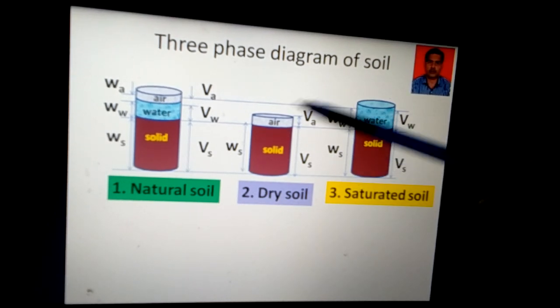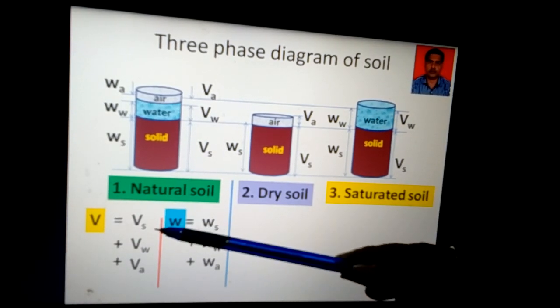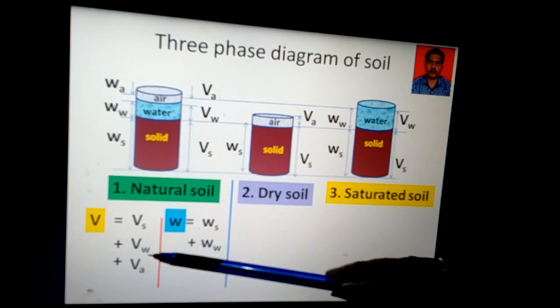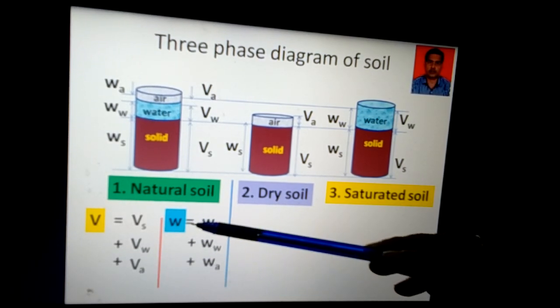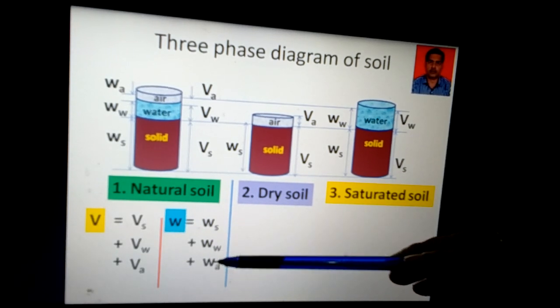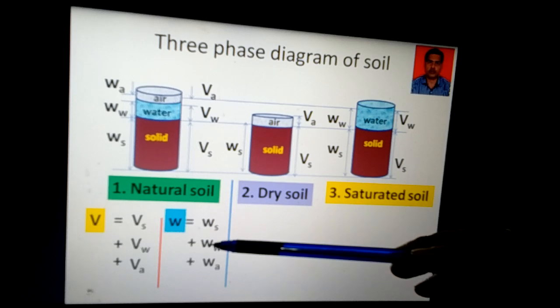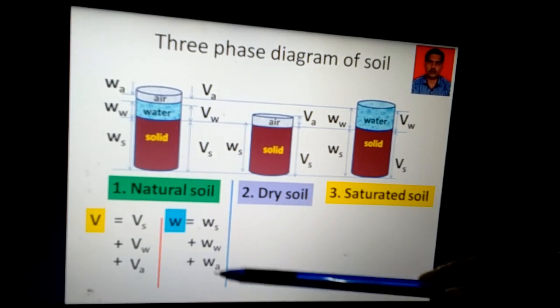Now between these various parameters there are simple relations. The total volume is equal to Vs plus Vw plus Va. Total W is Ws plus Ww plus Wa, that is taken as 0. So in natural soil the total volume and total W we can calculate like this.